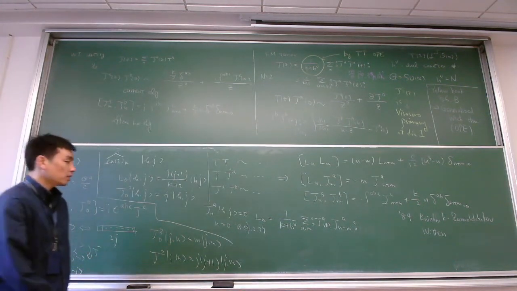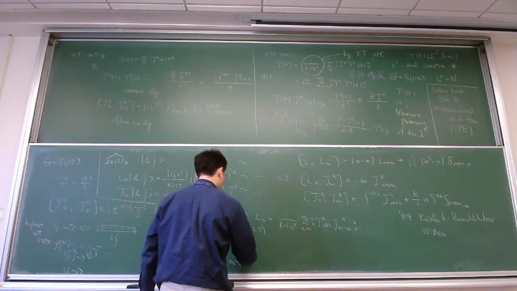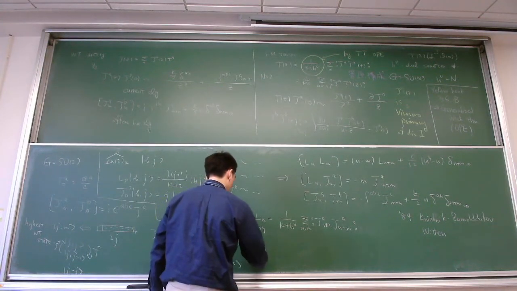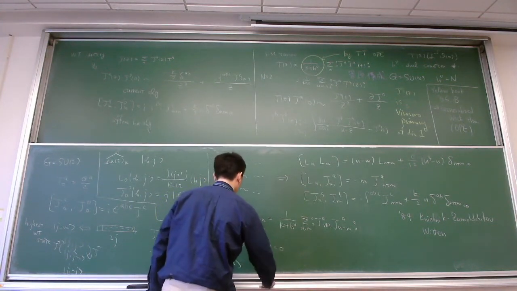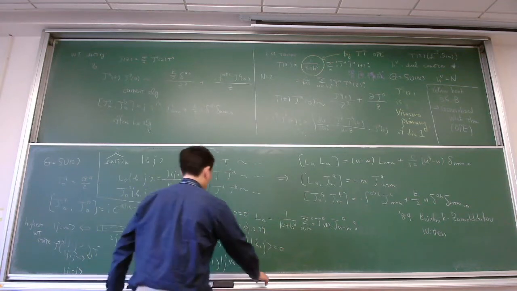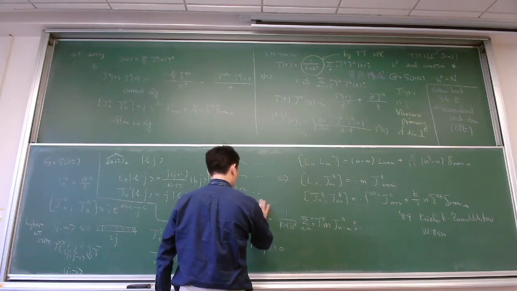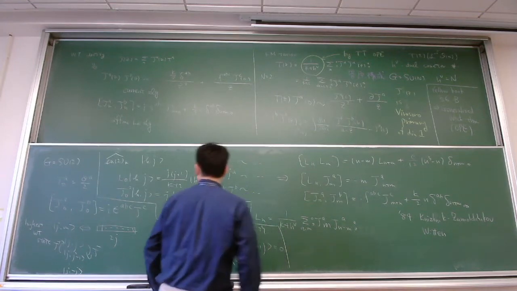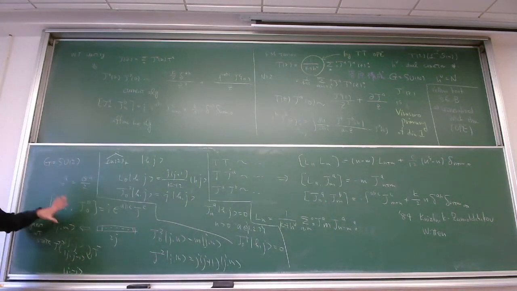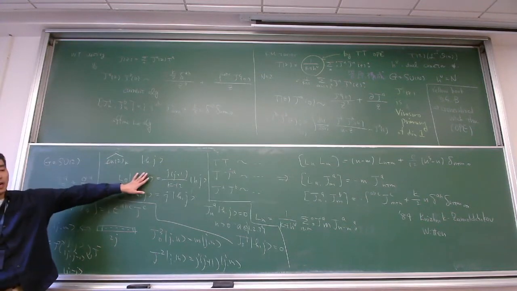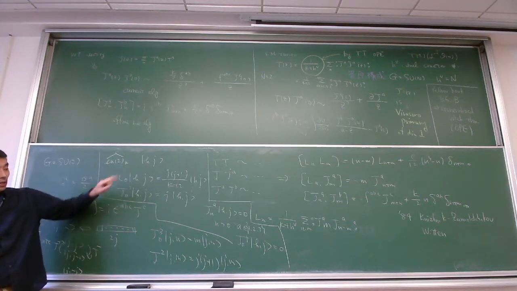And also J_0^+ annihilates |h_j>. So this is the finite dimensional version, the SU(2) algebra, and this is the affine algebra with level k.